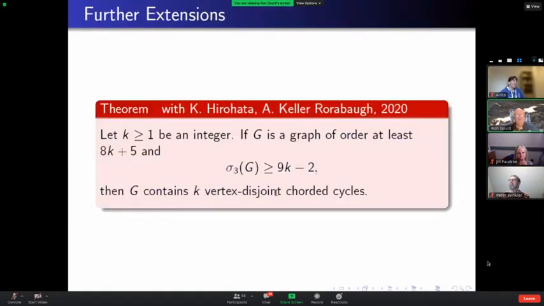All right. With Kazuhiro Hara and Ariel Keller-Rohrbach last year, we were able to extend to sigma 3 and show that if G had order at least 8k plus 5 and sigma 3 is at least 9k minus 2, then G contains k vertex disjoint chorded cycles.